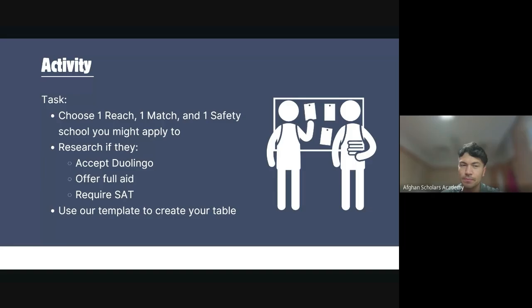Okay. You said Harvard, but you didn't categorize it as reach, match, or safety. First, try to categorize which category it is.